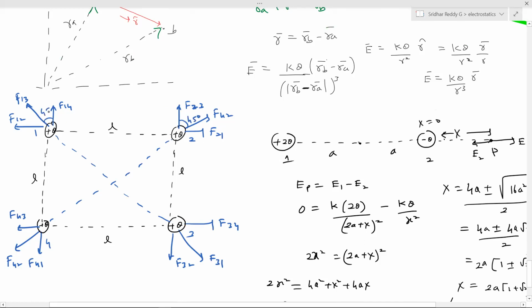What can be this angle? 45 degrees, because these forces F13 and F31 should act along the diagonal. Similarly F42 and F24 should act along the diagonal. So now we'll write the magnitudes, then I'll take the vector sum of all these forces. I'll get the resultant force acting on 1, similarly on 2, on 3, and on 4.